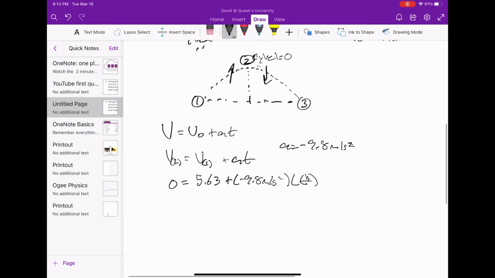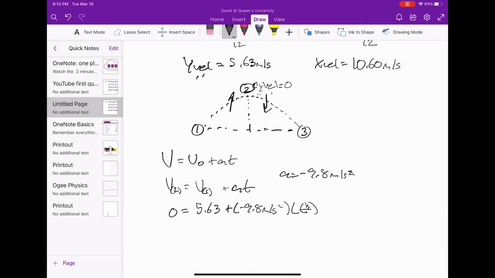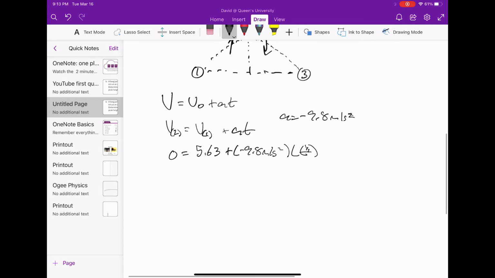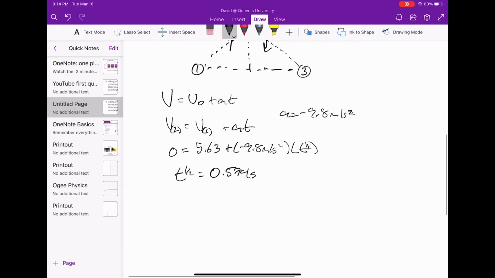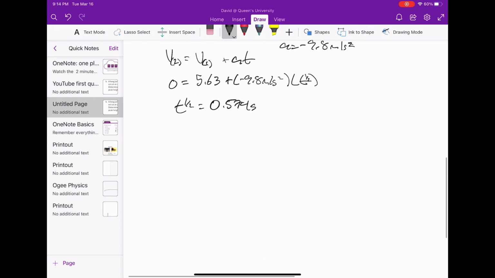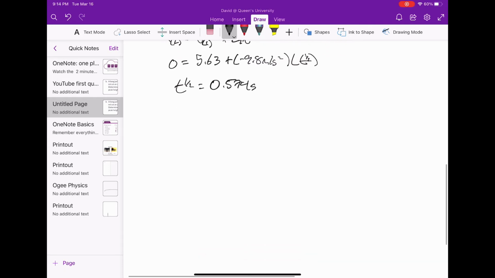This is our halfway time, or when our y vel is equal to 0. So that means our t 1/2 is 0.574 seconds. Cool. So some valuable information for this. This means our t total equals 1.15 if you round it.